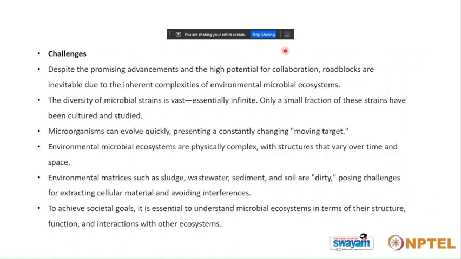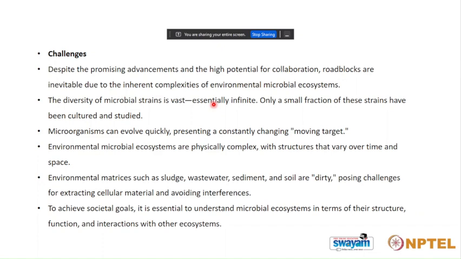So these are the challenges involved in studying the microbial communities. The first and foremost thing is the complexity of the microbial system.